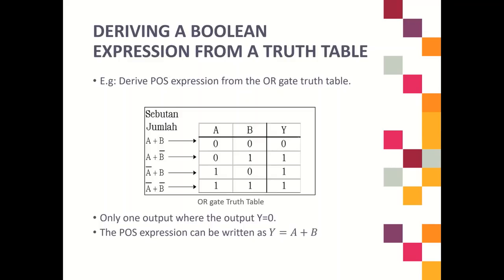Because in this truth table you only have one output that equals 0, your POS expression is written as Y equal to A plus B. Sebab ada satu je kan? Just A plus B. If you have more than one, you need to multiply all the sum terms that equal 0, or you need to product the sum terms.